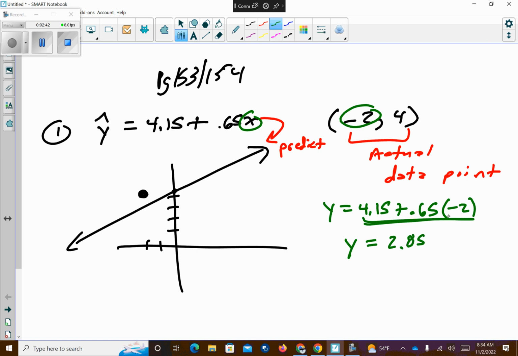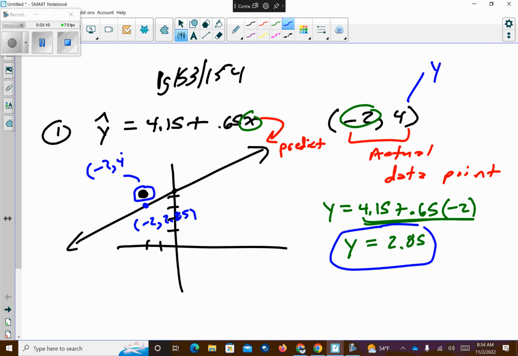Now this is a y value. This is also a y value. We are predicting that we get a 2.85 in this situation, but our data showed us this. So our point should be above this, because this is the point -2 comma 2.85, where this is the point -2 comma 4. There is a residual value there.